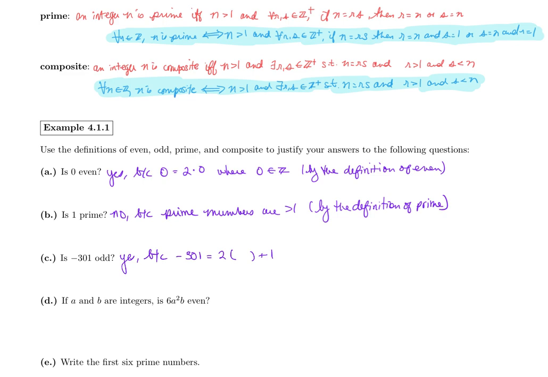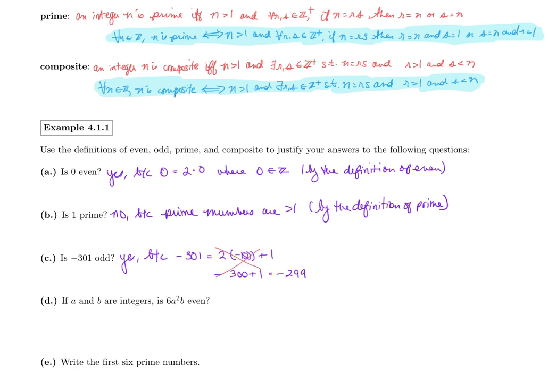Your first inclination is going to be negative 150. But what happens when we do 2 times negative 150 and add 1? We get negative 300 plus 1, which is negative 299. That's not going to work. So we're going to have to come up with another option, and we're going to cross that one out.